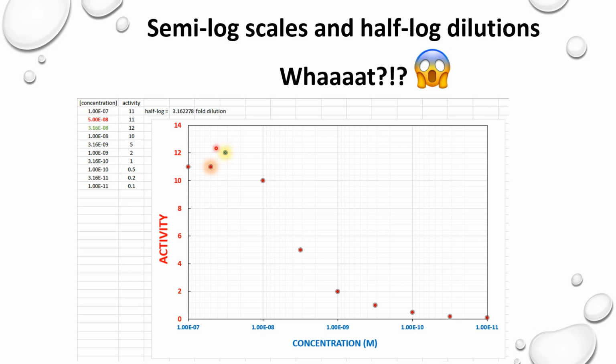You place the value beautifully in the middle, in between the two concentrations. And that's what we're going to do. So I hope this is clear. It's just to accommodate the logarithmic scale and the logarithmic dilutions, where we go halfway, and that is a 3.16 times or fold dilution.